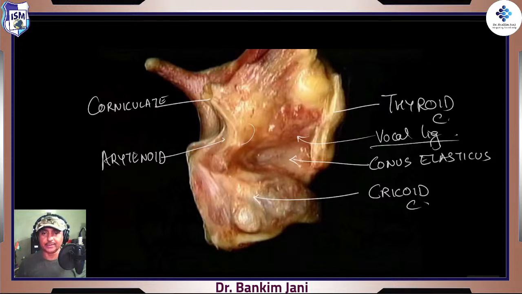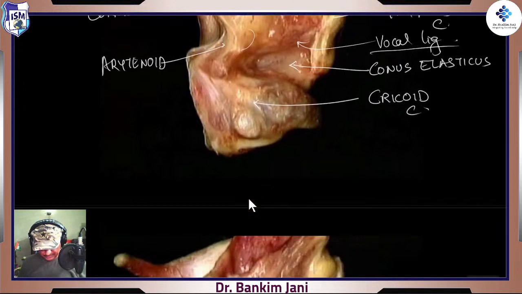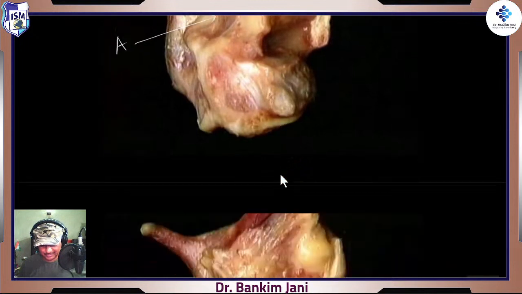Now add muscles. Say we removed some more mucous membrane, so now these arytenoids are seen so beautifully. They are absolutely fine.